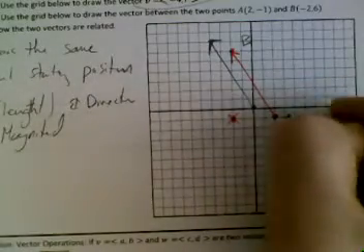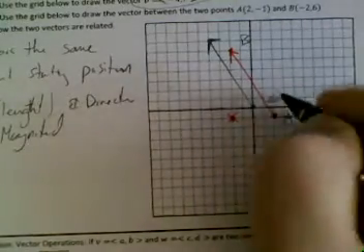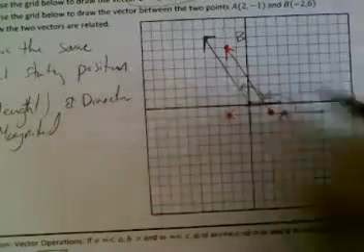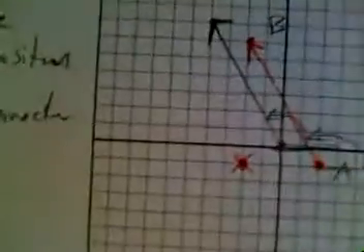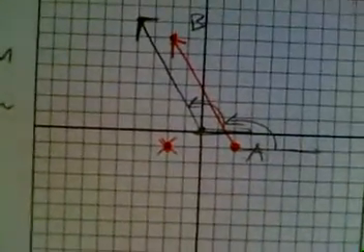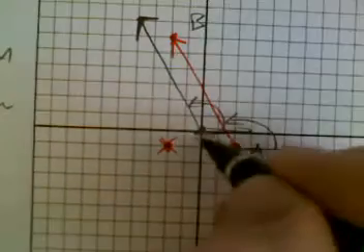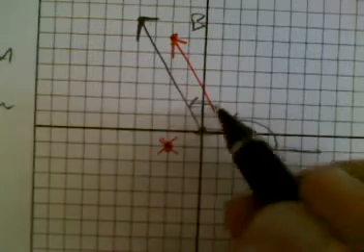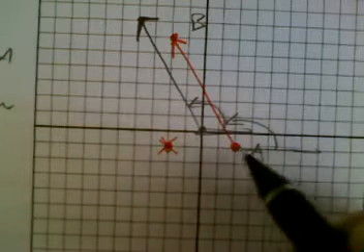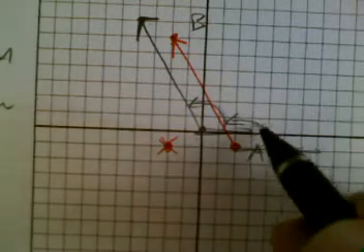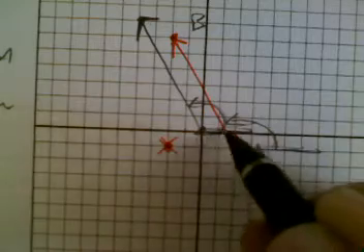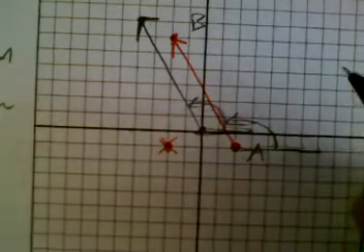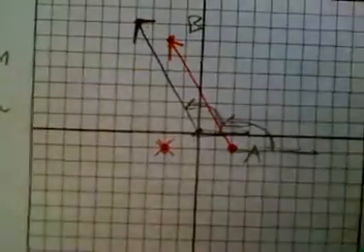And the direction, if we look at the angle measure, is the same as the direction would be here. The magnitude here to here and from here to here are the same, and the direction has the same angle measure from the x-axis. These 2 vectors are defined in the exact same way.